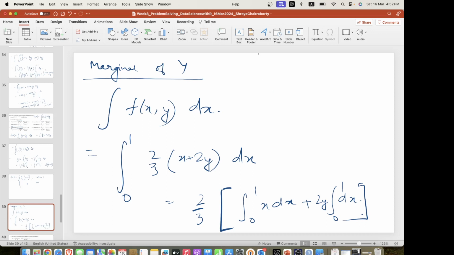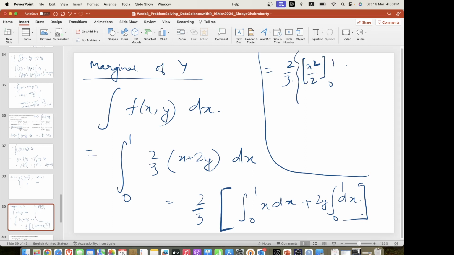So then what do we have here? We have 2/3 [x squared by 2] from 0 to 1 plus [2yx] from 0 to 1. Okay. So this will be 2/3 into half plus 2y.